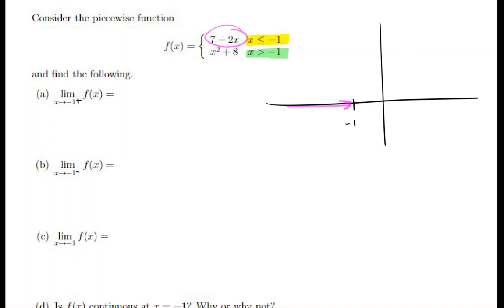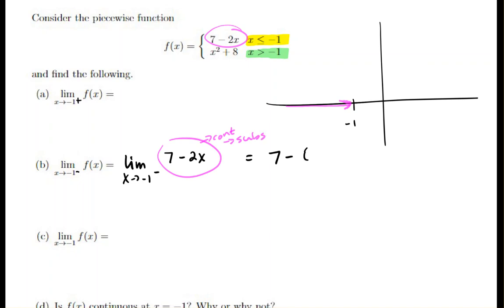So the limit as we approach from the left is acting like this portion of the graph, 7 minus 2x. Now we know that this is continuous, so we can use substitution.